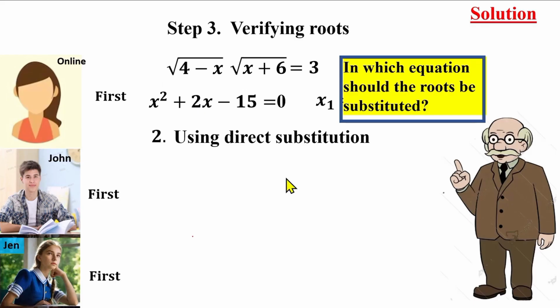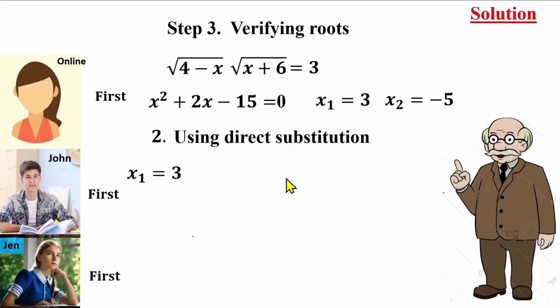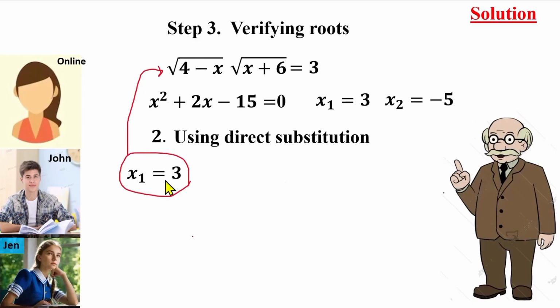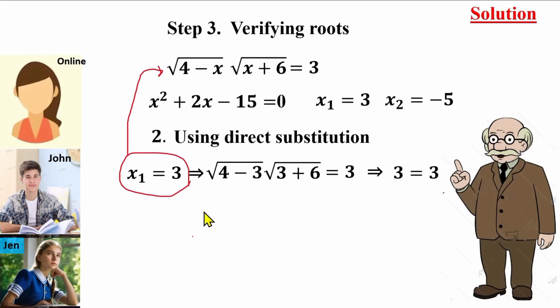Let's do this. We take the first root and substitute it into the first equation. We have the following. Here is 1, here is 9, so it is equal to 3. On the left-hand side we have 3, on the right-hand side again 3. So the first root is correct.